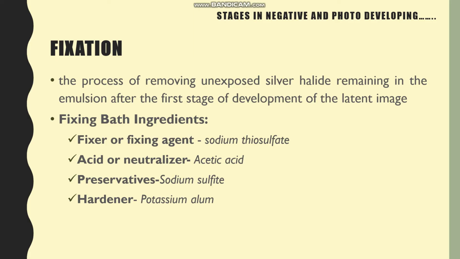Yung possible na maging damage niyan habang yan ay basa pa, maiwasan natin during the washing process. We have again, the fixing agent, the acid or the neutralizer, the preservative, and the hardener as the fixation or as the fixer, or the fixing bath agent natin or the fixing agent natin.